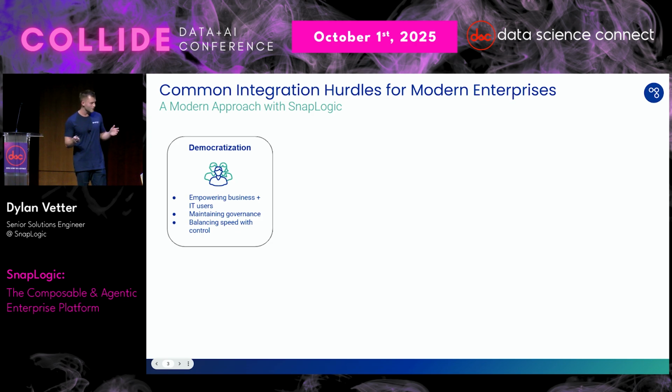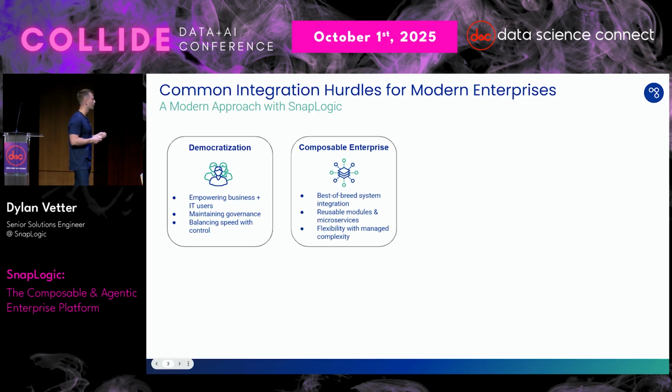Because if everybody's building integrations, after 12 months, you're gonna have all this disparate point-to-point integration floating around, a lot of them overlapping, you have security holes, and there's really no governance to it. So the idea of empowering other business units besides IT is a lot more complex than you'd imagine and requires a lot of balance of governance, speed, and control.